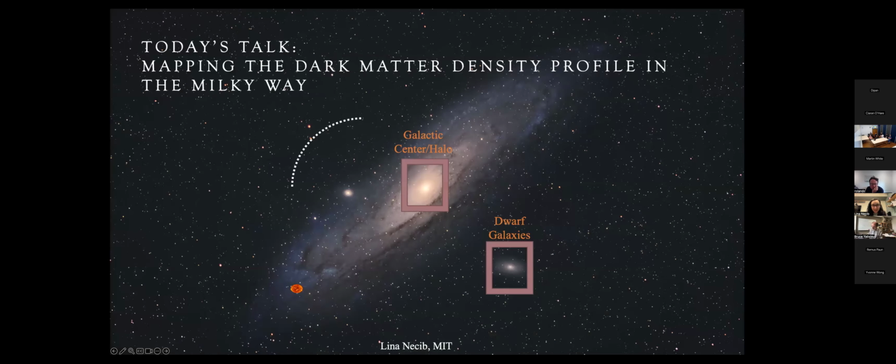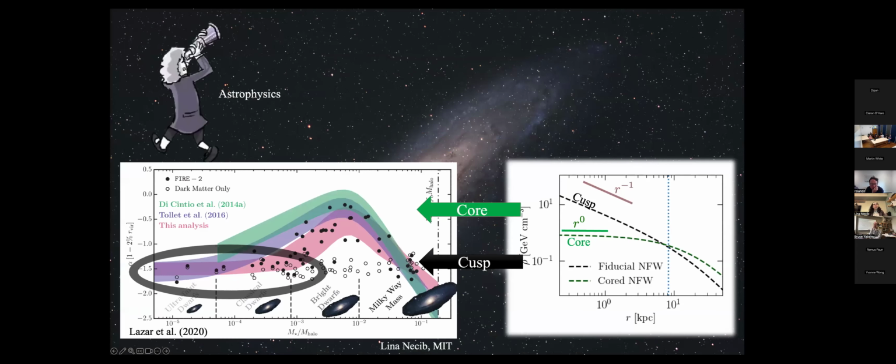So let's move on and talk about dwarf galaxies. Dwarf galaxies are the opposite regime here. If you're an astrophysicist, you would expect things to be very cuspy. And indeed, if there is any variation of that, it means that we really don't understand how galaxies form, which is absolutely critical.